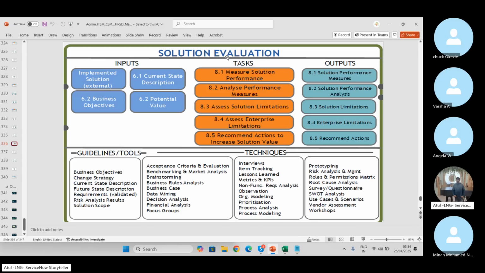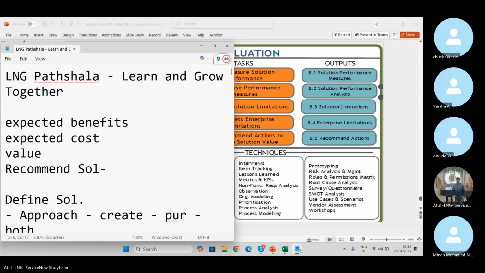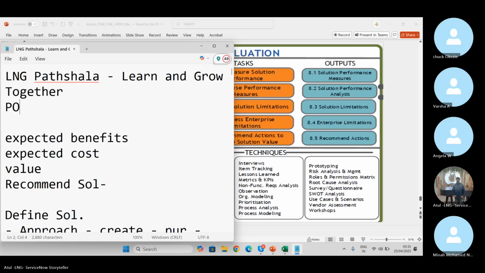So in this, the major part which comes, sorry. To evaluate a solution, we can do POCs, proof of concept.